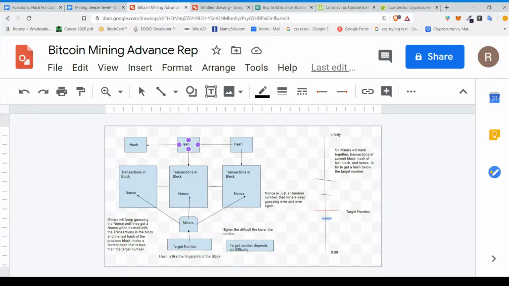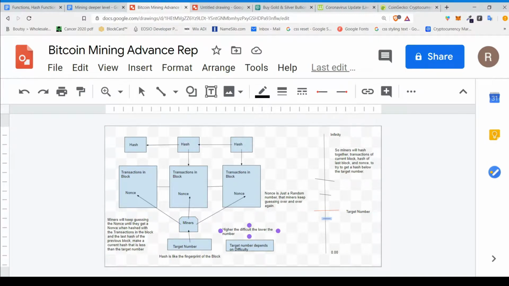It's the same thing each time. They have to keep guessing until they get one hash that is lower than the target number. And this is on a scale of infinity to 0. It gets much, much harder to guess the number below the target as it comes closer and closer to 0 as the difficulty increases.